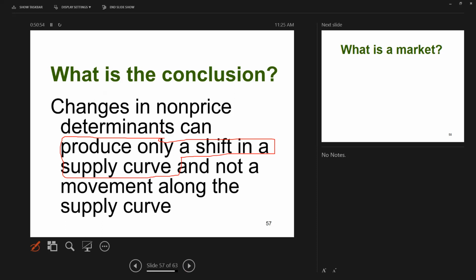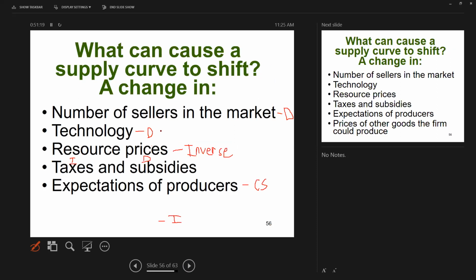What is the name that we use to call a shift in the supply curve? Now, I'm going to give you two choices. Tell me which one is right. That a shift in the supply curve is a change in supply, or is it called a change in the quantity supplied?